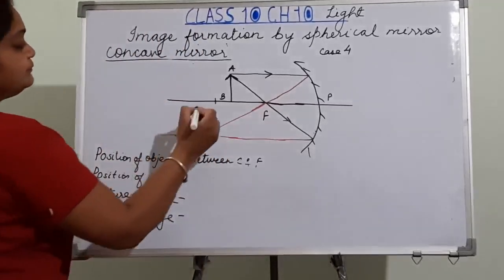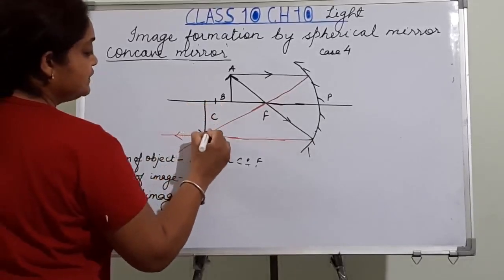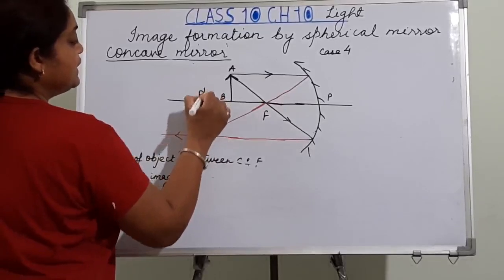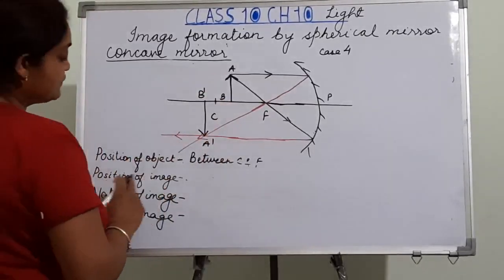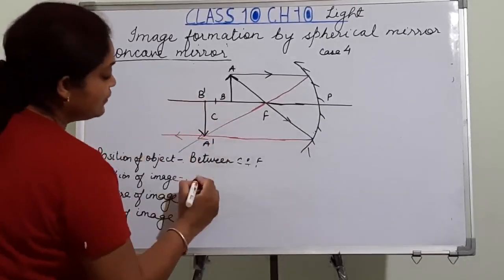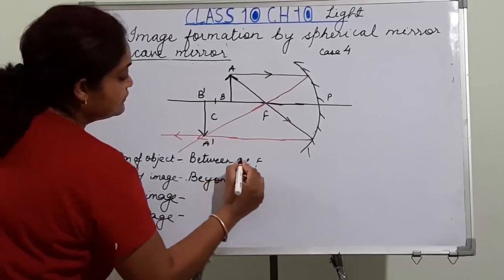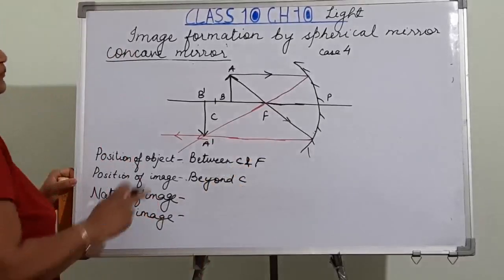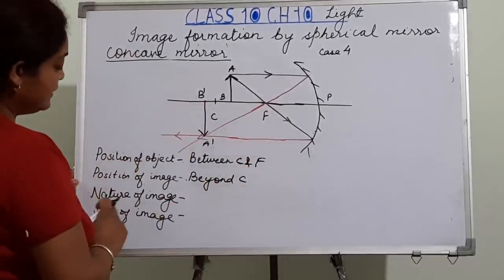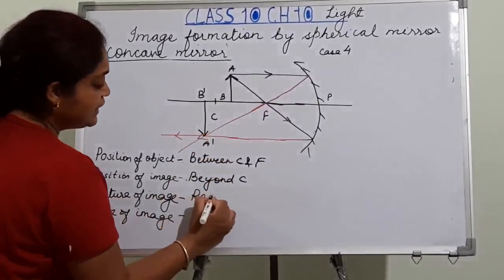So this is B dash and this is A dash. So what is the position of image? Position of image is beyond C. Nature of image, actually the rays are meeting, so it is real and inverted.